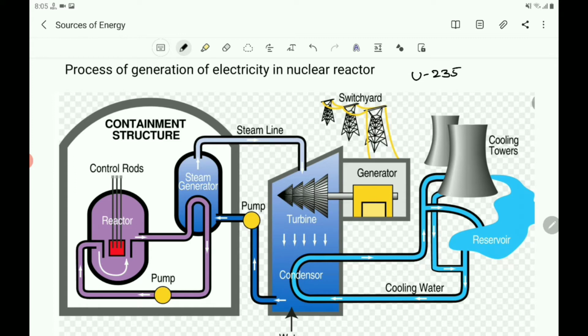This is the isotope of uranium which has unstable nuclei, and it is used in the form of tablets in the interior core of the reactor, and there will be control rods and moderator and steam generator and turbine and also cooling water pump.